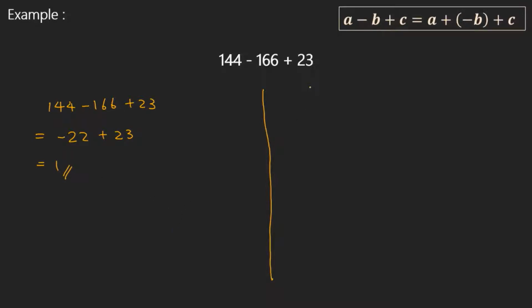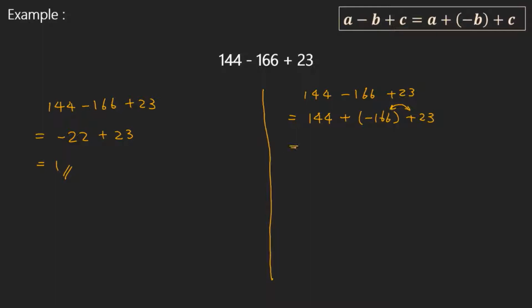Now we're going to try to solve this using the commutative property of addition with the help of a negative number. So 144 minus 166 plus 23 becomes 144 plus negative 166 plus 23. Now, since both operations here are plus, we can use the commutative property of addition and switch the order of these two terms.